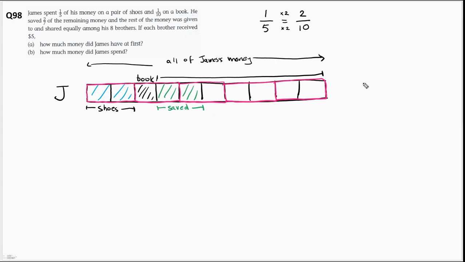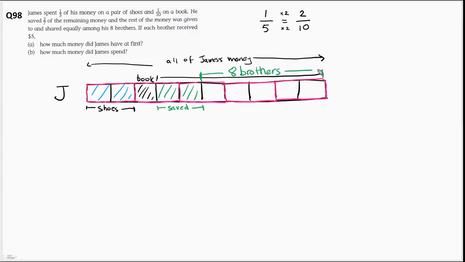Okay. And then we're told that the rest of the money was given to and shared equally among his 8 brothers. So what is that? That is this part here. So from here to here was shared with his 8 brothers.